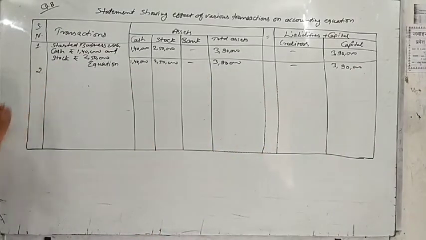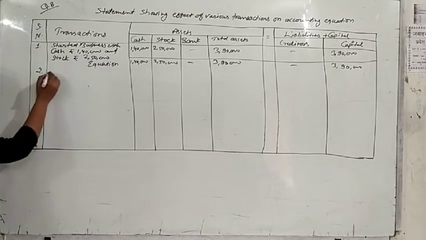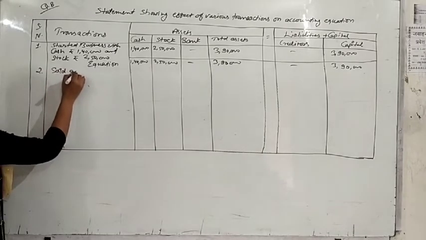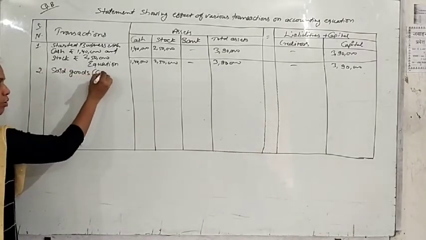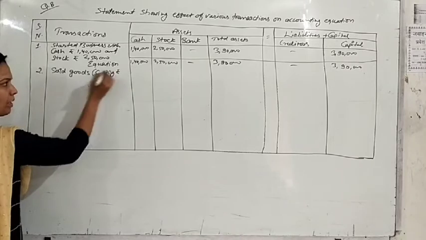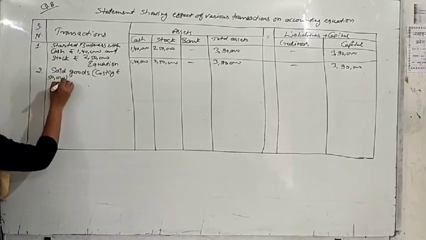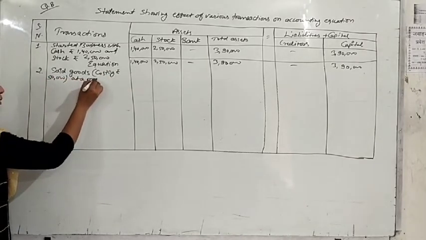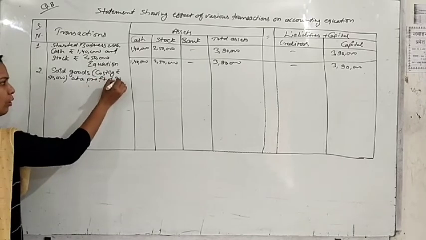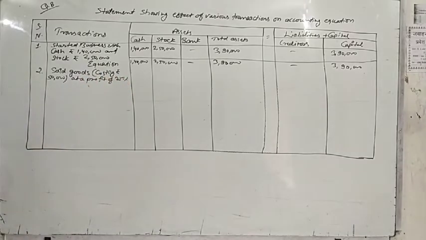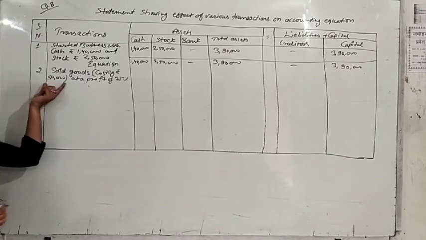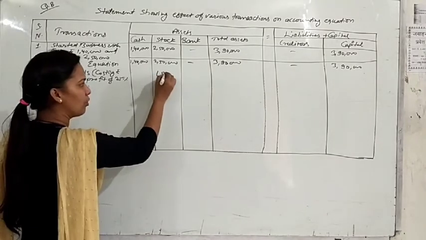Second point. Sold goods costing rupees 50,000 at a profit of 25%. Costing 50,000 means your stock reduced by 50,000.